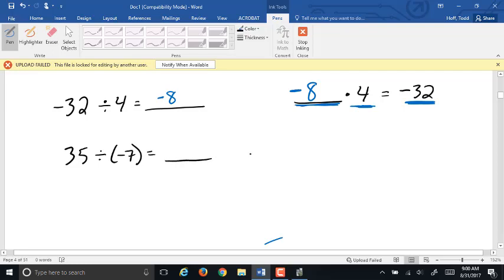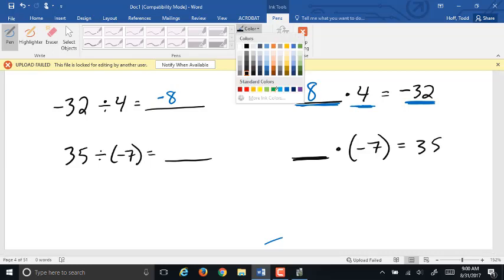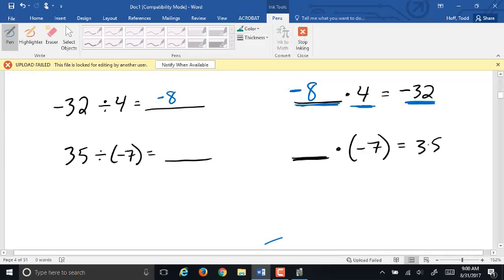35 divided by negative 7 equals blank is asking what number times negative 7 equals 35. Well, we know that what number times 7 would be 35. It'd be 5, right? Well, let's look at the signs. This result is positive. 35 is positive.